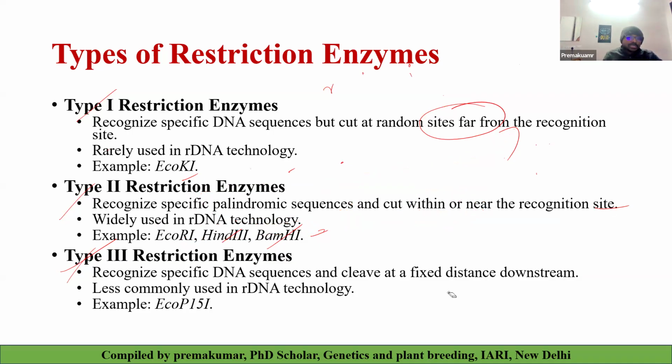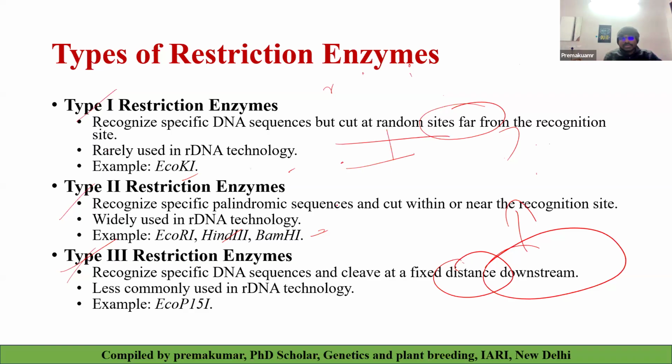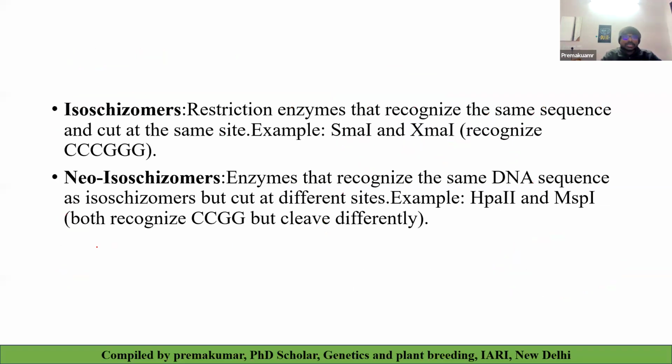And type 3 recognizes a specific DNA sequence, but cuts at a distance downstream from the recognition sequence. If you want to cut at a specific site but they are cutting the DNA at different sites, that's why type 1 and type 3 are not used in recombinant DNA technology. There is again another classification called isoschizomers and neoschizomers.